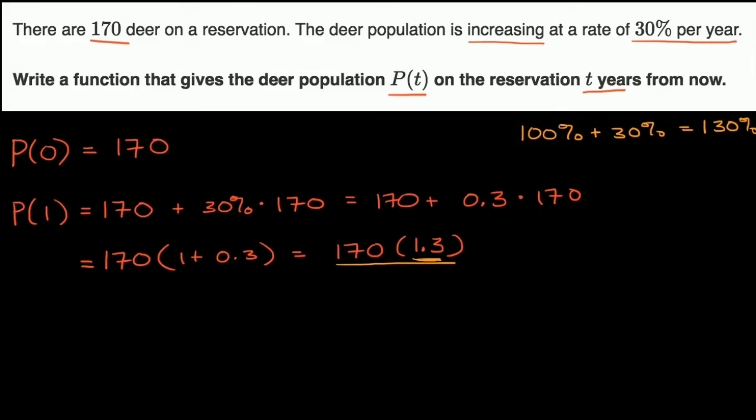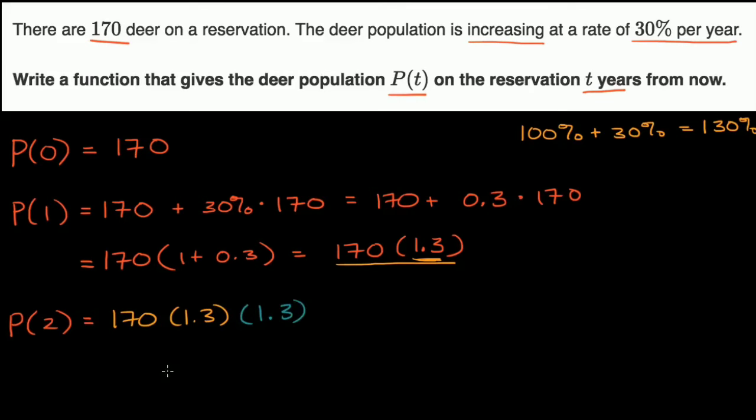So once again, take a hard look at this right over here, because it's going to be something that you see a lot with exponential functions. When you grow by 30%, that means you keep your 100% that you had before, and then you add another 30%.